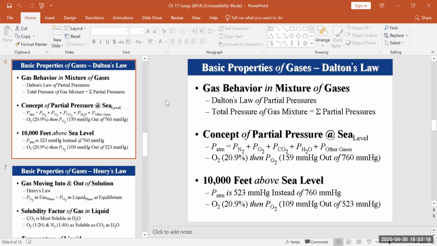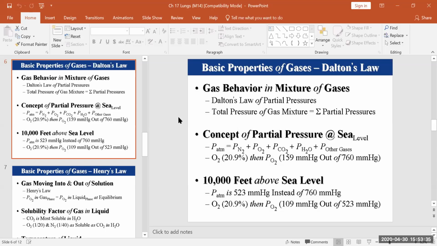For example, how do they interact? Do they mix with one another in a mixture of gases, or do they ignore one another? So are they interacting, in other words? There's a law, we call it Dalton's law.